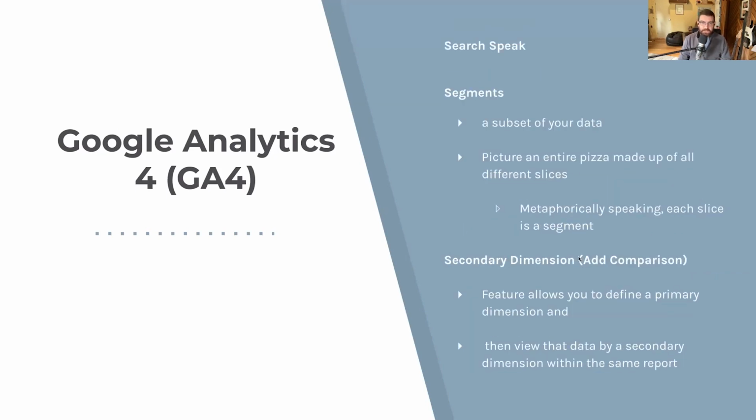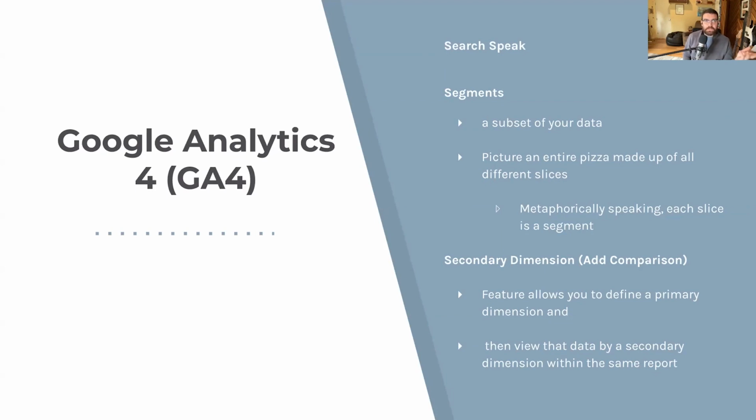And a secondary dimension. This is going off of a segment. As an example, we have users, and then I want to know new users. And then my secondary dimension is what device are they on? Are all my new users mobile or are they on desktop?